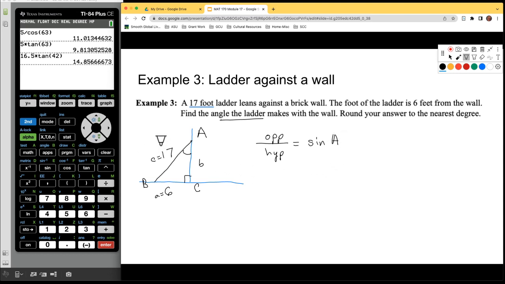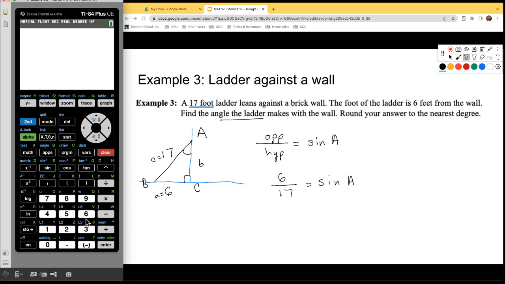So the opposite is 6 over 17 is equal to the sine of A. So we can plug that in. One way to get to the angle when we know this ratio is, we know the sine is going to be 6 divided by 17.